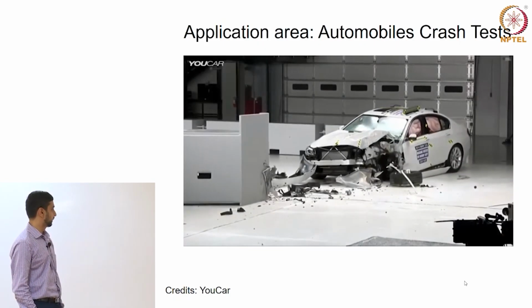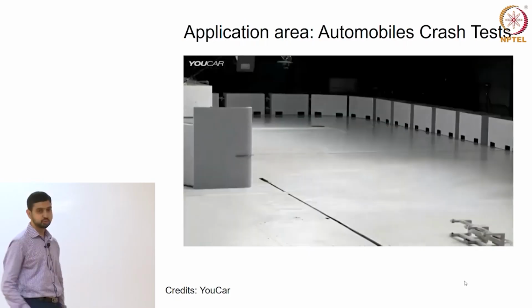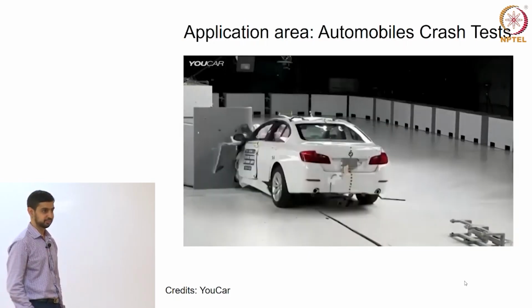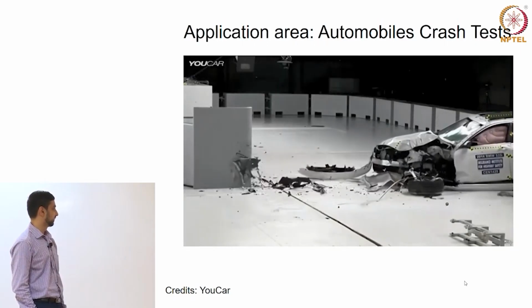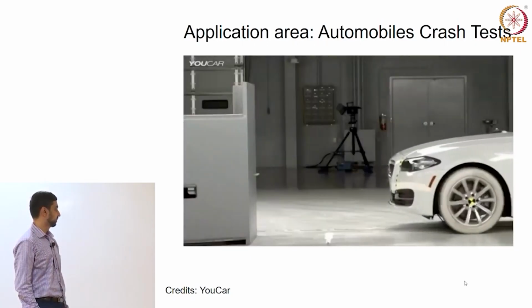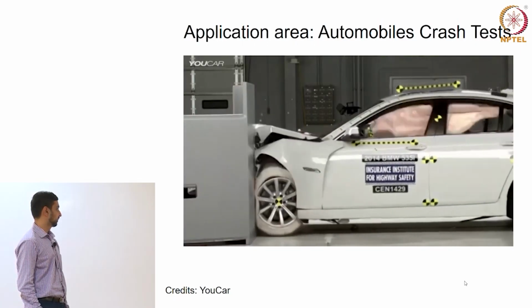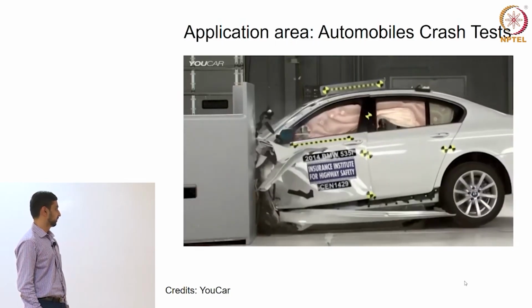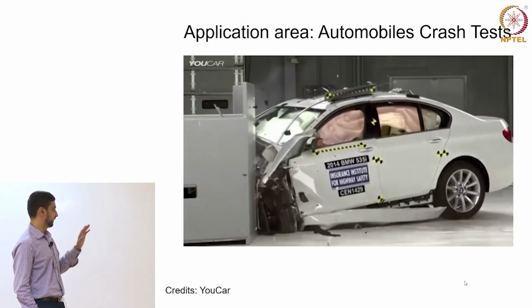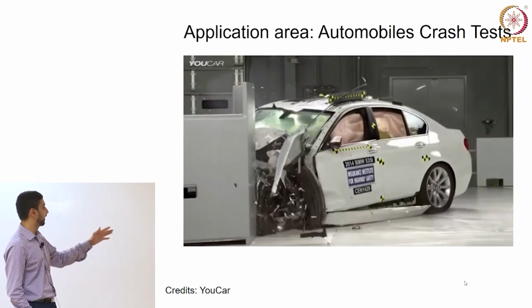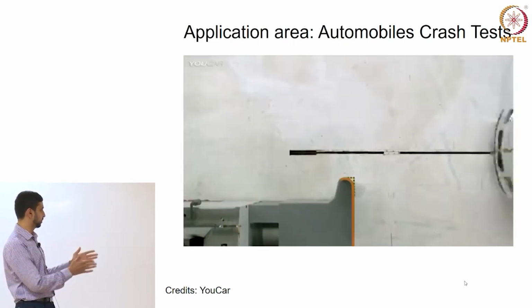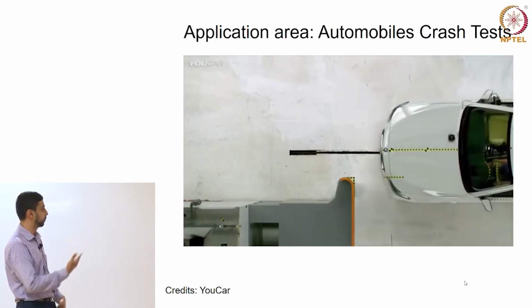So you see what happens there, and this is why you should always drive safely. So this is a real crash test. You see the car crashing into the barrier, getting smushed in the front, and the airbags deploying.